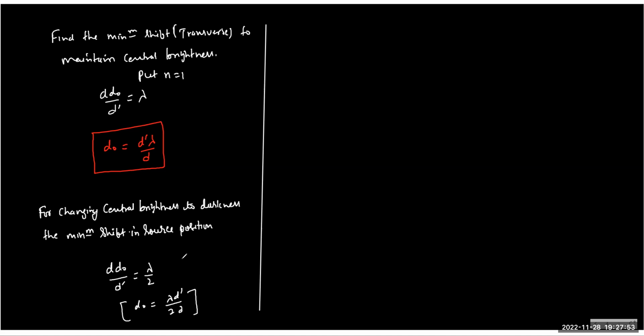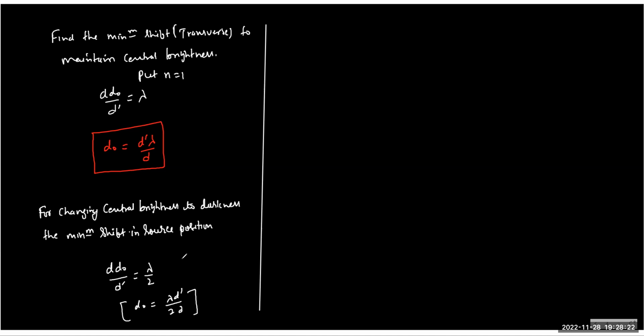Now, one more thing that I missed in the last lecture: do we get infinite fringes or finite fringes? If you look at the projector light, is the light spread infinitely or finitely? Finitely. Similarly, the fringe pattern is also finite.